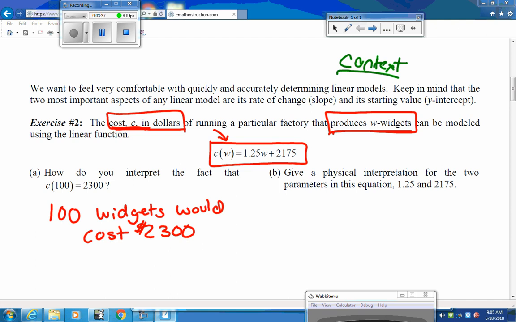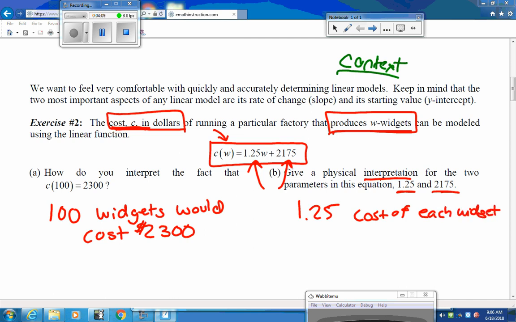Now for B, it asks for an interpretation of what each of those means. In the case of the slope and the y-intercept, those are based on the variables that we talked about a minute ago. Because it says $1.25W, the 1.25 represents the cost of each widget.